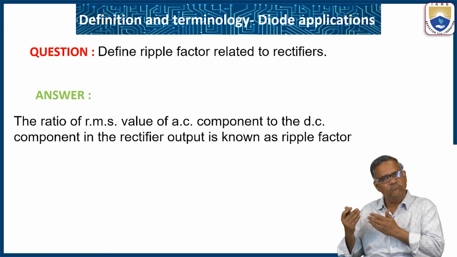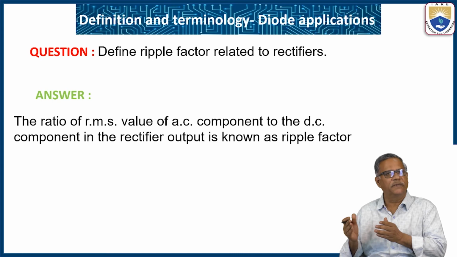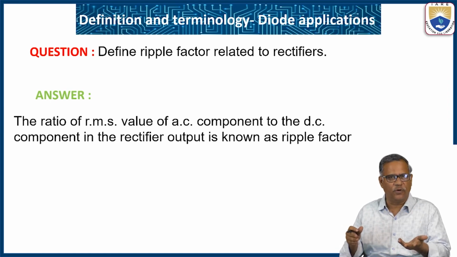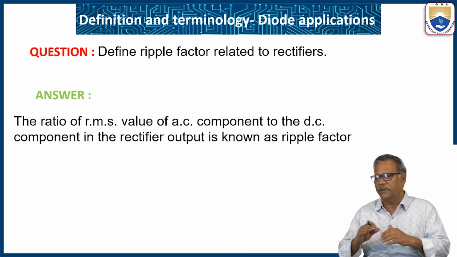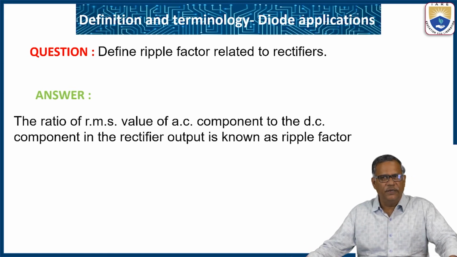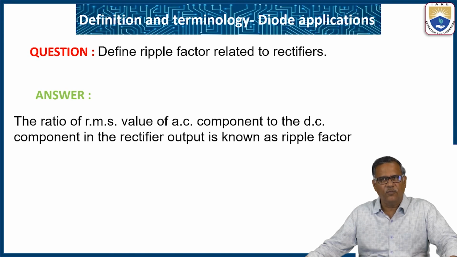It has more AC components. That means the DC output is not smooth. If the ripple factor is 0, that means the output is a perfect DC. So it indicates the quality of the output from the rectifier. The ratio of RMS value of AC component to the DC component in the rectifier circuit is called the ripple factor.